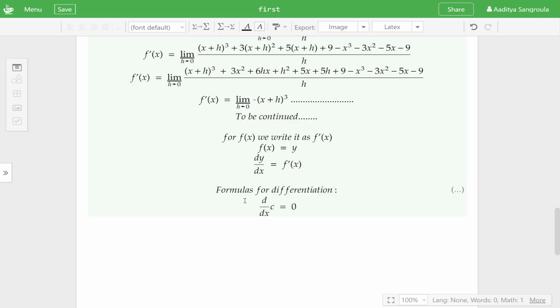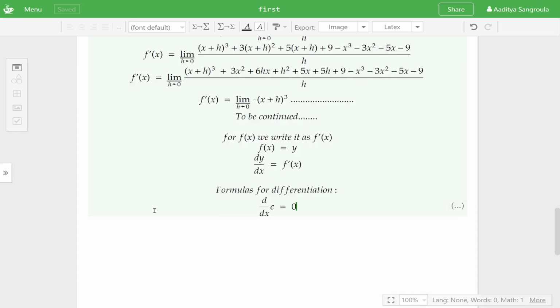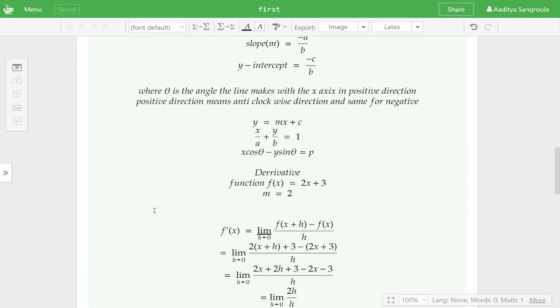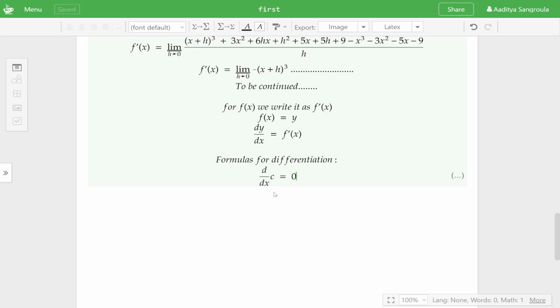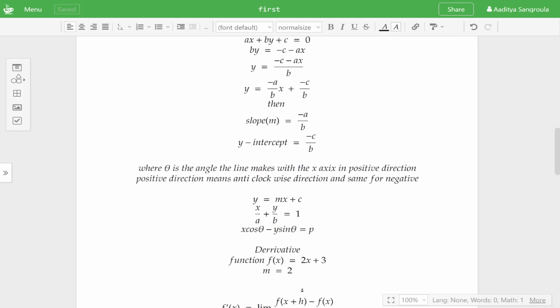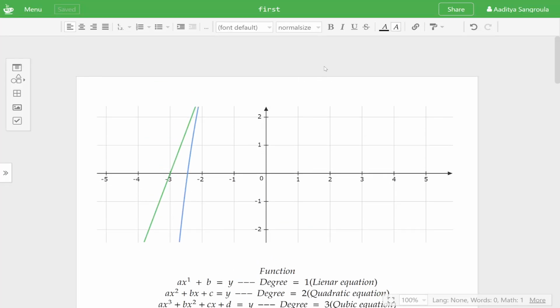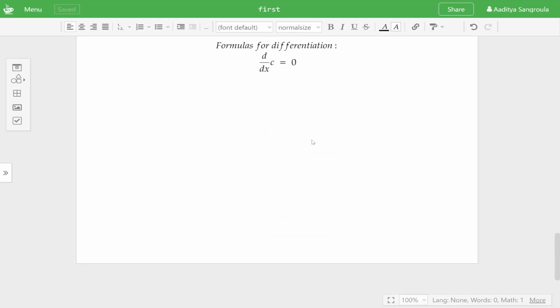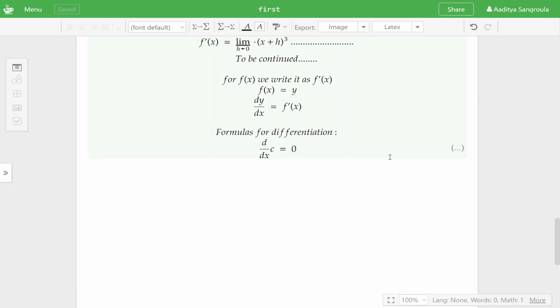It's 0. So this is how we differentiate a function.